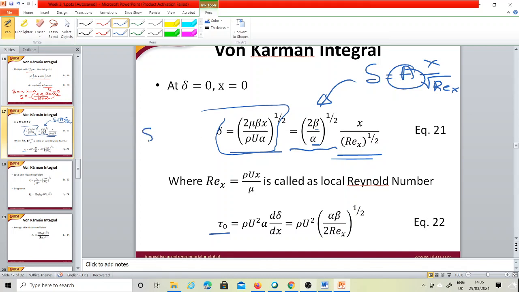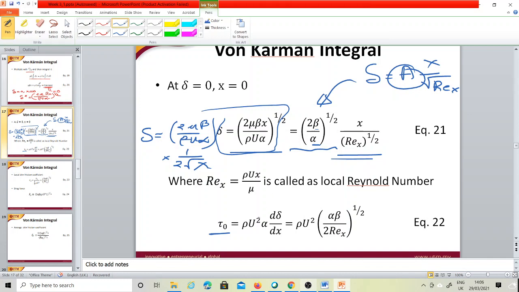So it means that in this case you will have 2 mu beta over rho u alpha, then multiplied by root over x. d/dx of root over x means 1 over 2 root x. Okay, then you simplify it. 2 will be cancelled out. You simplify it, and at last you will get this one. Definitely you will get this one.